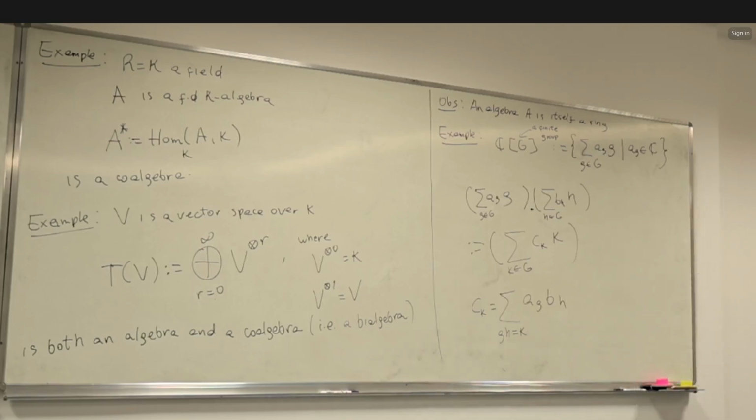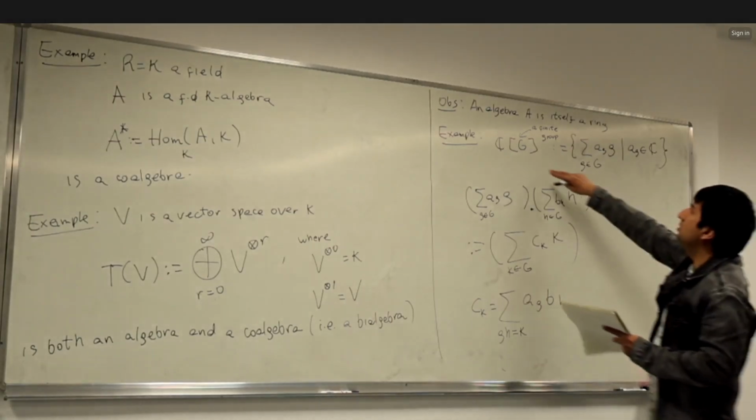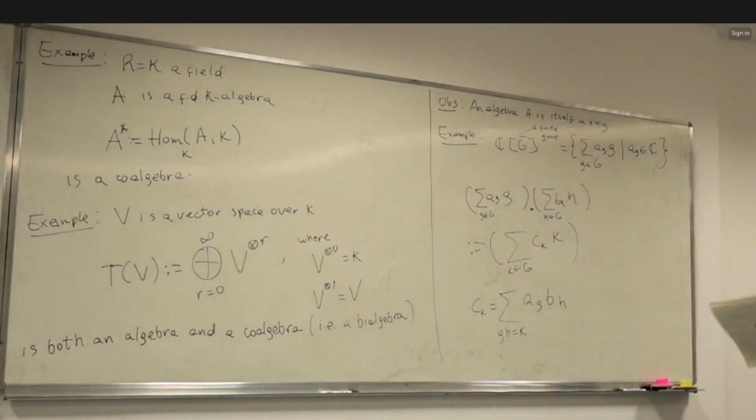This definition makes sense even when G is not finite, but at least when G is finite, this is a finite dimensional algebra.